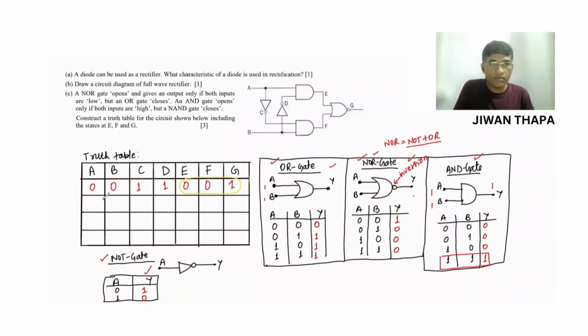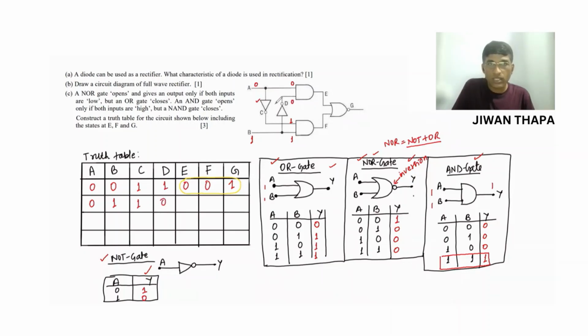now if A is 0 and B is 1, so we have 1 over here, and we have 0. Now this 0, on passing through this NOT gate, will change into 1. So C is 1, and 1 will change into 0.